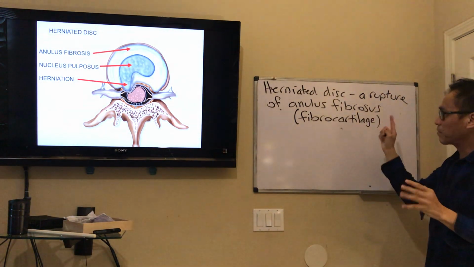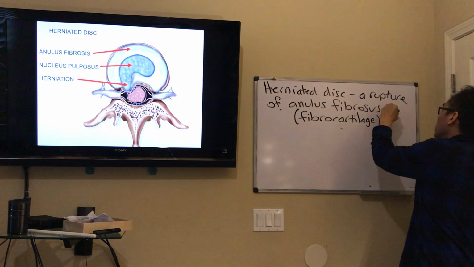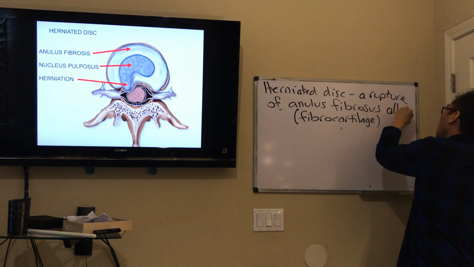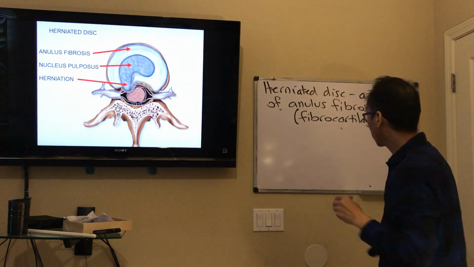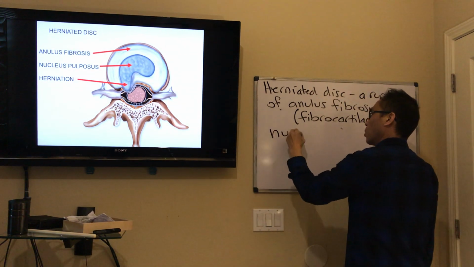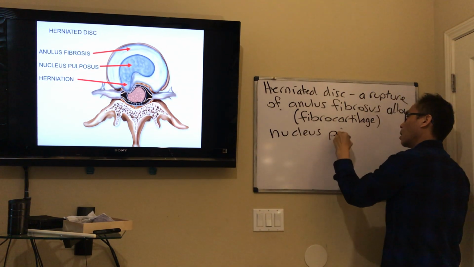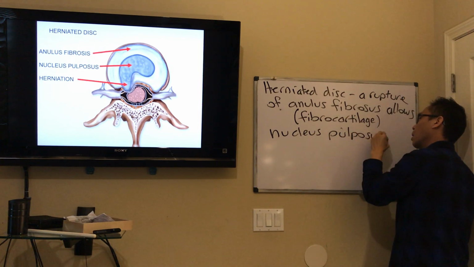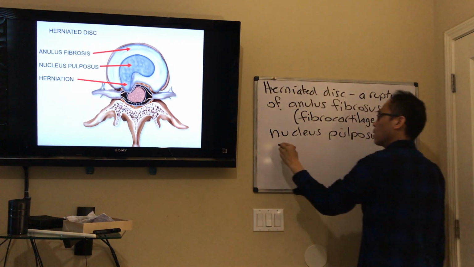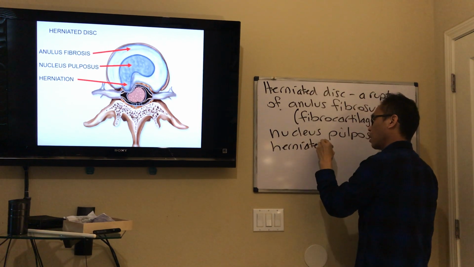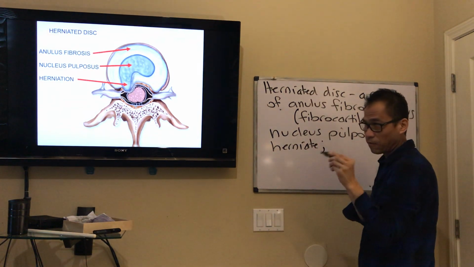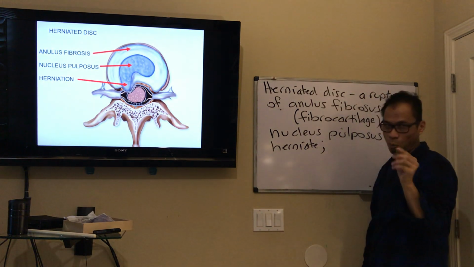So rupture of the annulus fibrosus allows the nucleus pulposus to herniate. May occur at the level of L4, L5, or L5-S1, commonly.